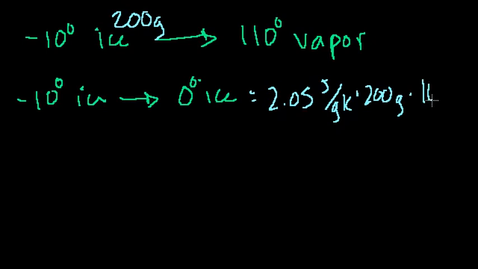So times 10 degrees. Well, this is Kelvin here, so let's just say it's a 10 degrees Kelvin change. It doesn't matter whether we're using Kelvin or Celsius. I could have written Celsius in the units. Let's put Celsius right there. So what is that equal to?